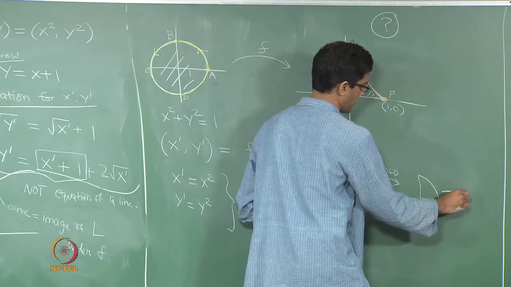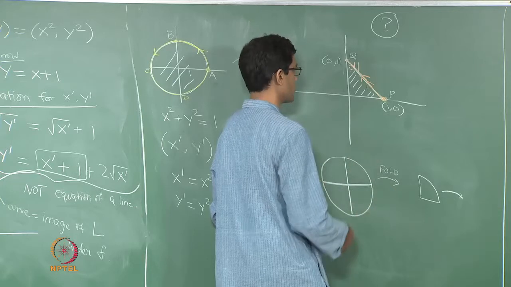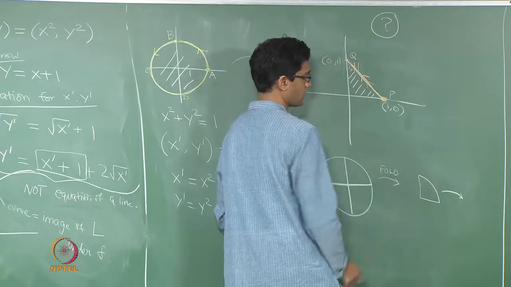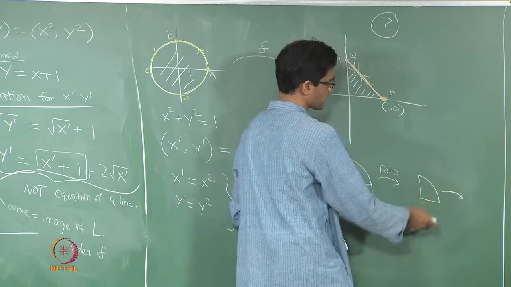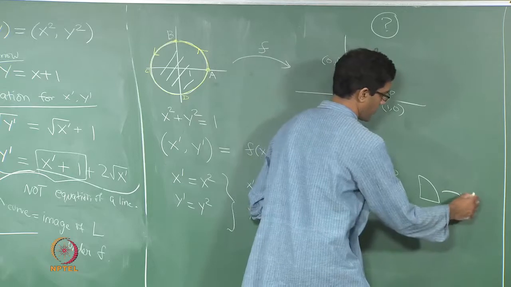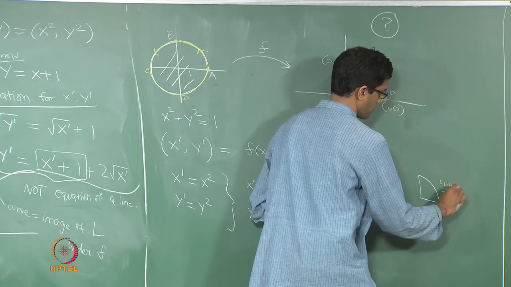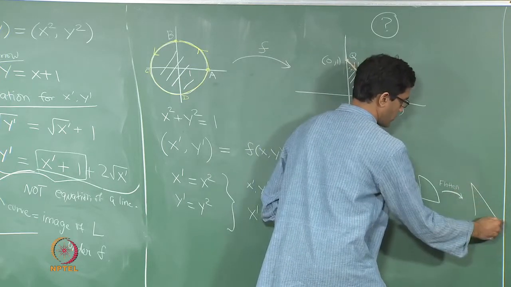Of course, the flattening is just a geometrical term which tells you that you are doing something to that circular portion and making it a square. The exact thing is of course given by the formula x squared, y squared, but what you are doing here is, this function f is flattening this quadrant into a triangle.